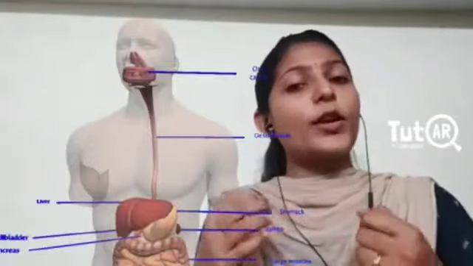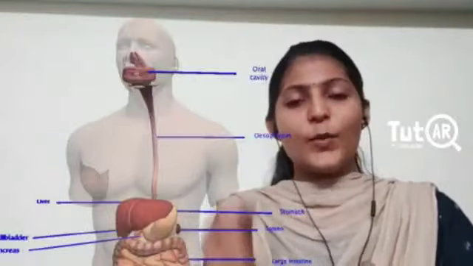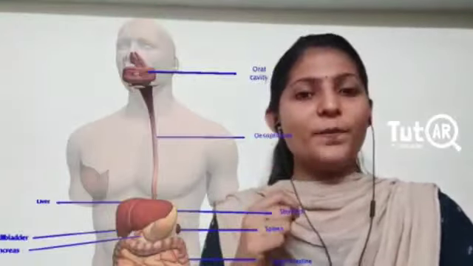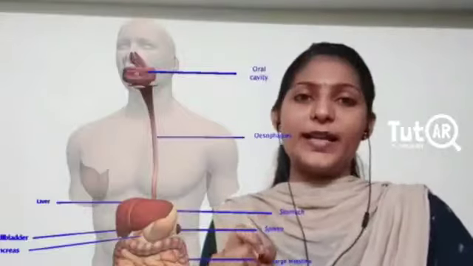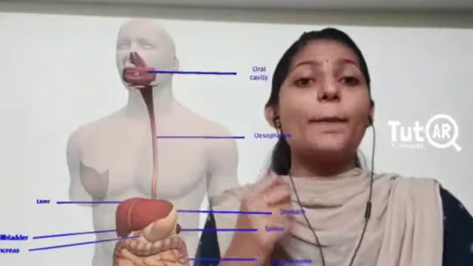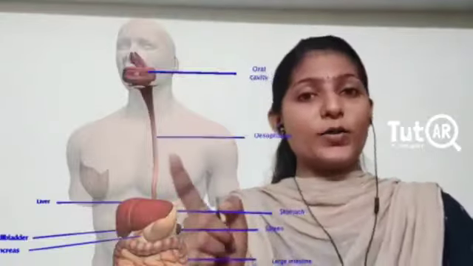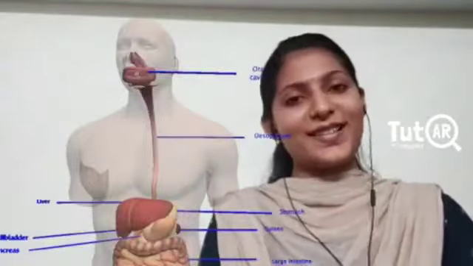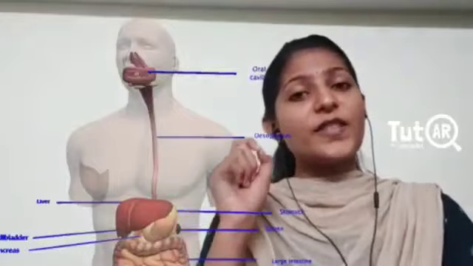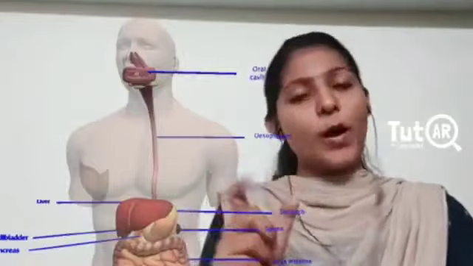There is an enzyme called salivary amylase in the saliva, and this salivary amylase has the property of breaking down starch into sugar. So it is in the mouth that the actual digestion starts. The digestion of starch starts in the mouth.